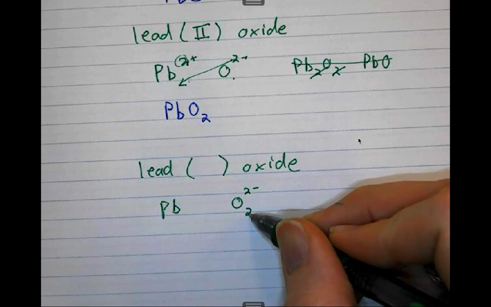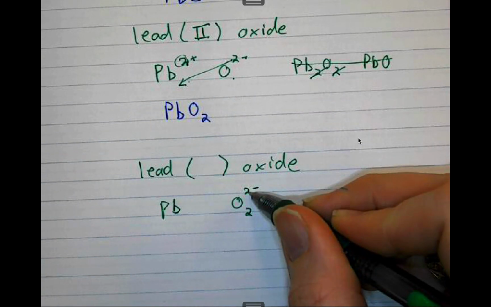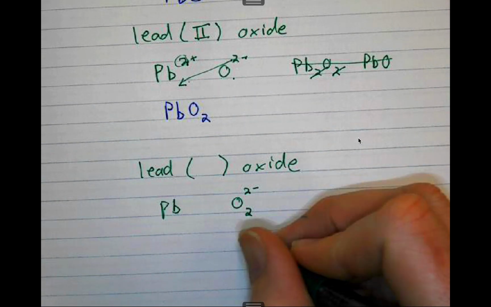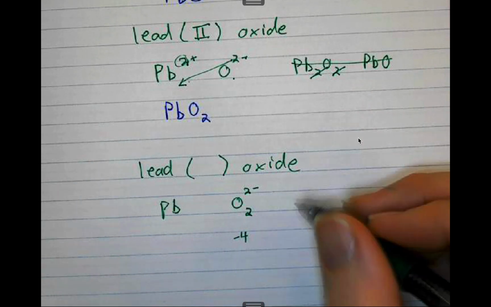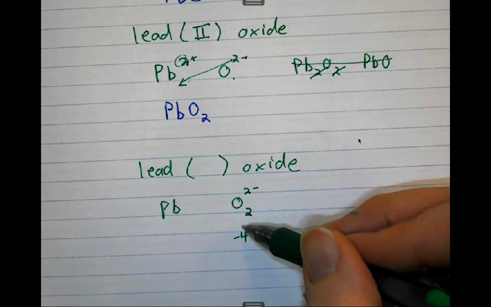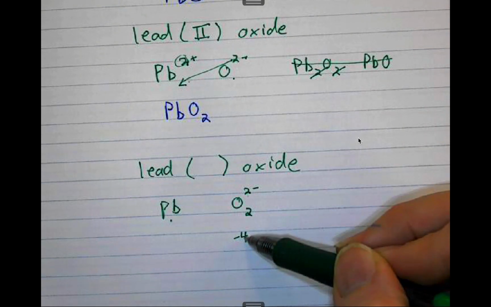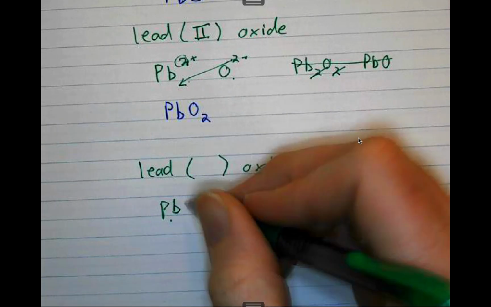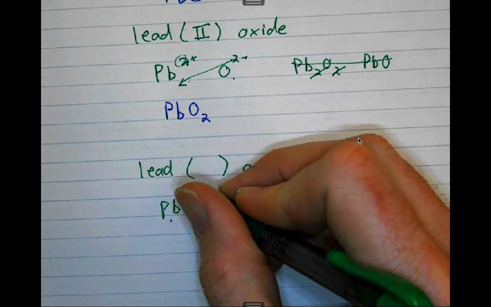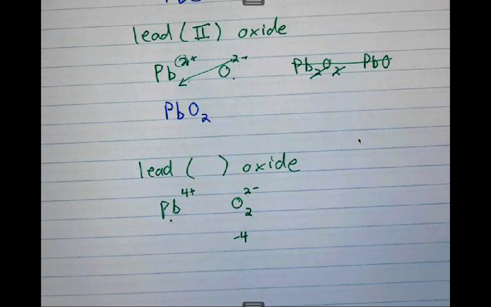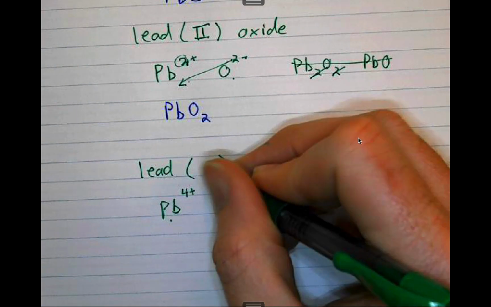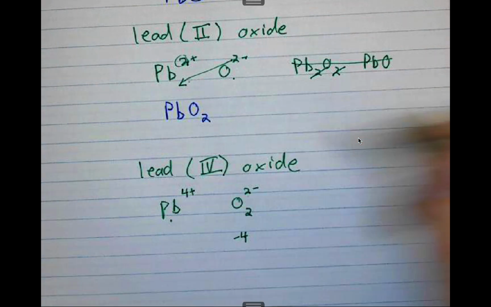So 2 times 2 minus is an overall charge of minus 4, right? Overall charge of minus 4. So to cancel out, we only had one lead, so to cancel out the minus 4 charge, this one must be a 4 plus, or a positive 4. Okay? So lead is a 4. That's lead 4 oxide.